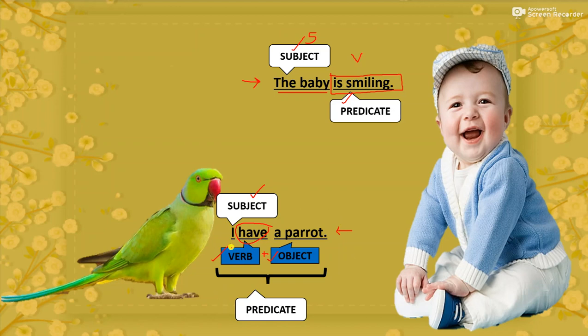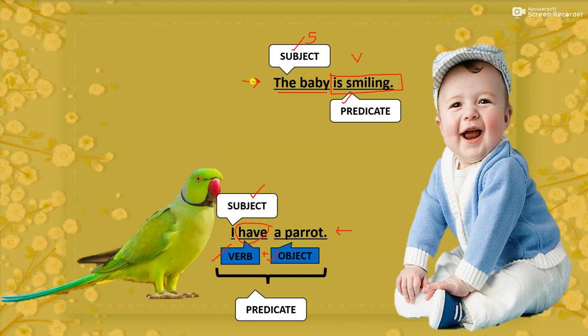So in the second example, the verb and the object together form the predicate. Whereas in the previous sentence, despite the absence of the object, we have the subject, the baby, and we have is smiling, which is the verb.